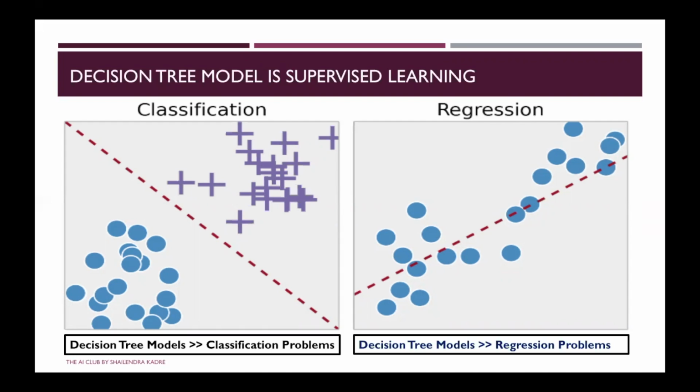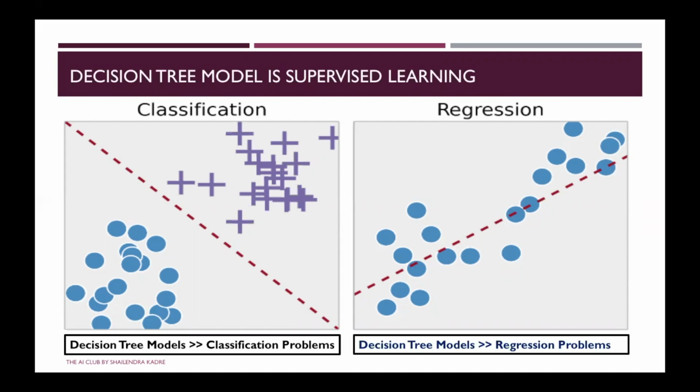But when it comes to a decision tree, we will be able to explain this model even to a person with a non-mathematics background. So it is a very simplistic model, and it is mainly used for classification problems, but it can be used for regression problems also.